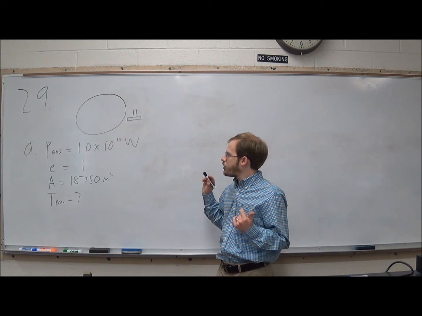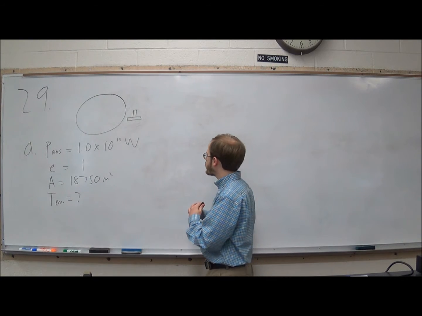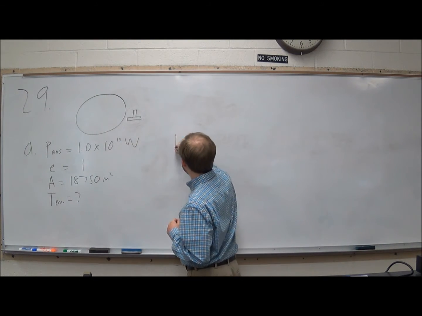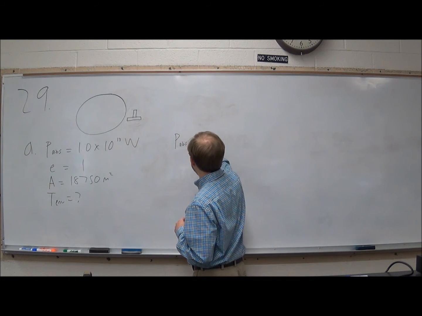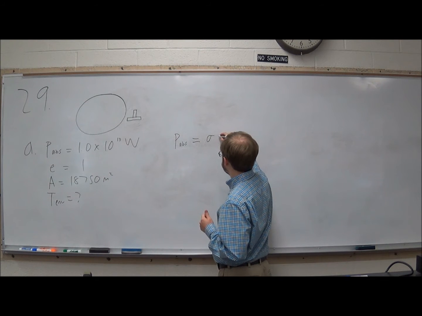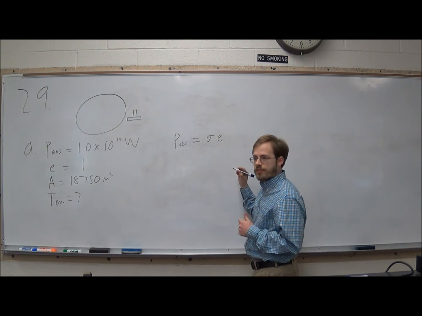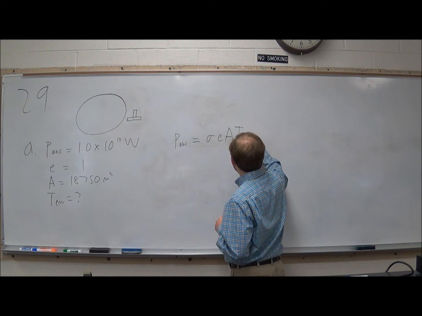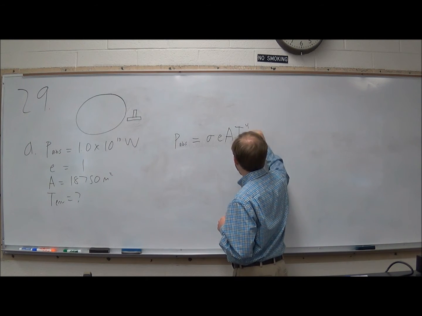You should know that we should use Stefan's law here. So power absorbed equals sigma, the Stefan-Boltzmann constant, times the emissivity, times the area, times temperature of environment to the fourth power.